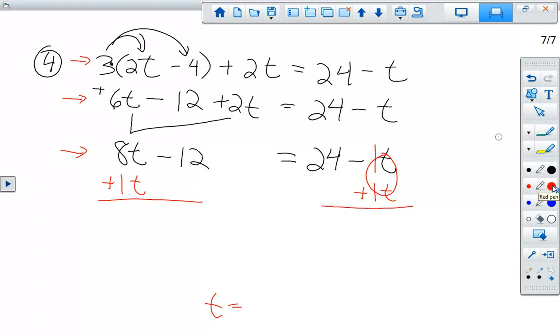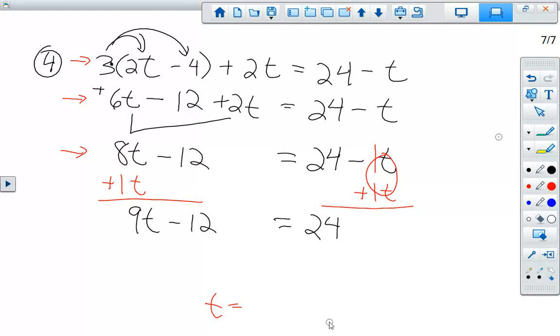So now I have a 9, don't I? A 9 of those t's. Still with minus 12. Over here, that's gone now, so I just have the 24. And now is when I usually can relax a little bit, just fly through the rest. Okay? Because it's that tight, that was our goal in that first chunk of homework.